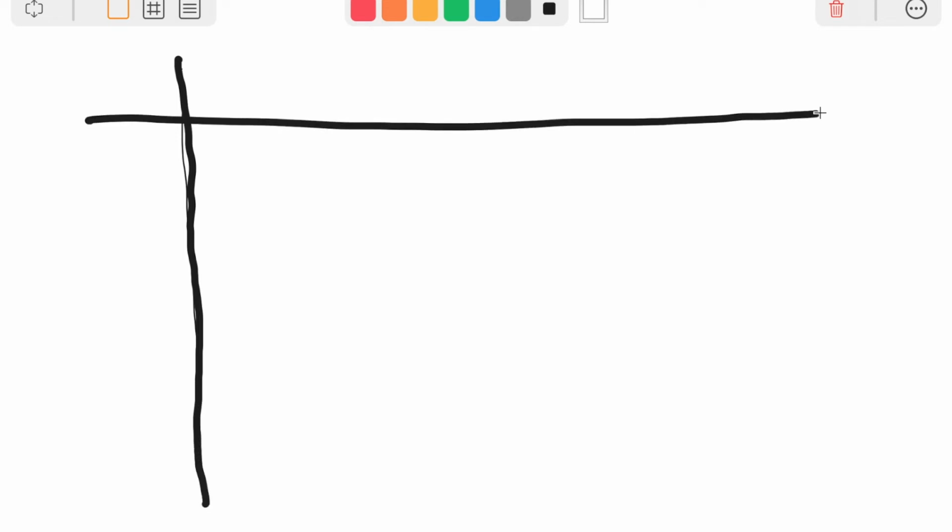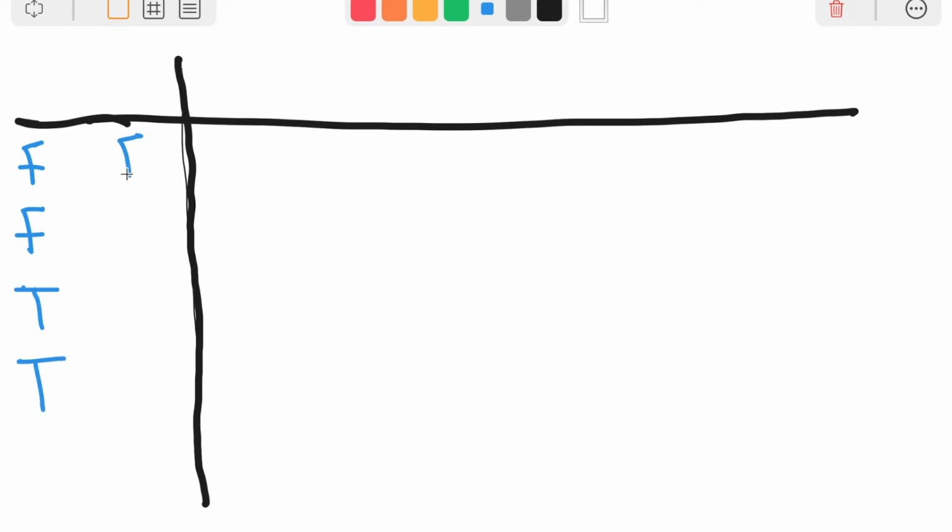So let's just go through this table here. I'm going to make a table. In this table, we're going to have false, false, true, true.